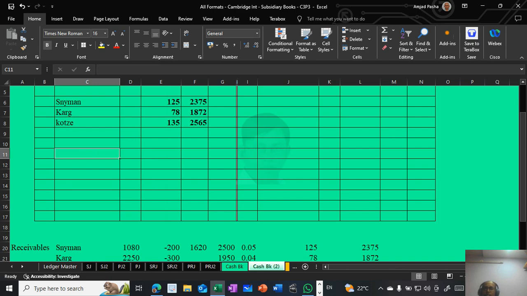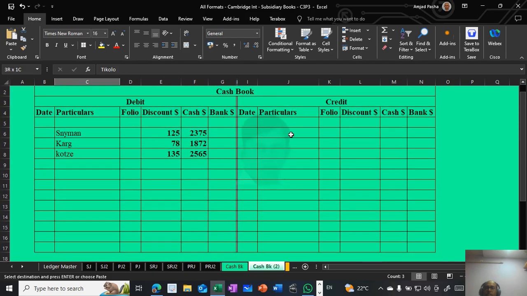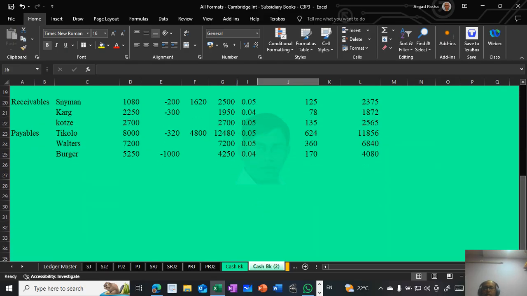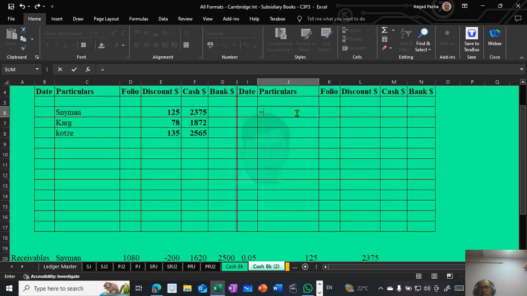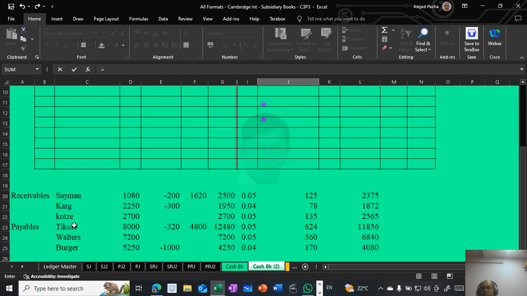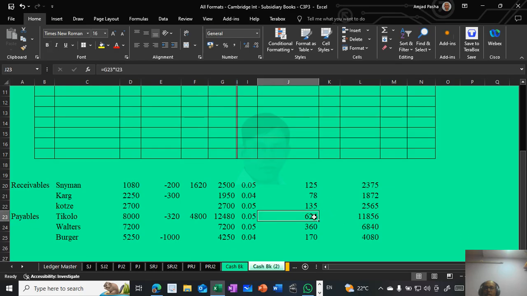And we have paid these three people. These three people we have paid. And we have got discount. These are the discount values.